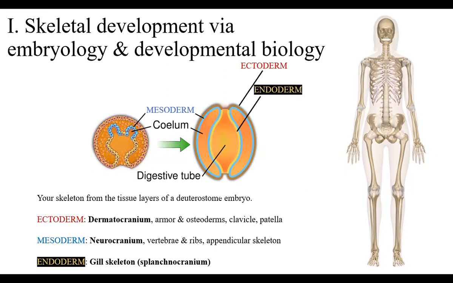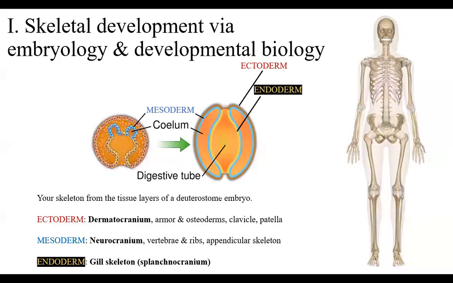Okay. So the first thing, we're going back all the way to bilateria, the animals that have symmetry like this. You guys remember there's two kinds of bilaterians, deuterostomes and protostomes. Deuterostomes, when we're embryos, the first hole that forms in gastrulation is our anus, the second one is our mouth. What matters is that all bilaterians are triploblasts.